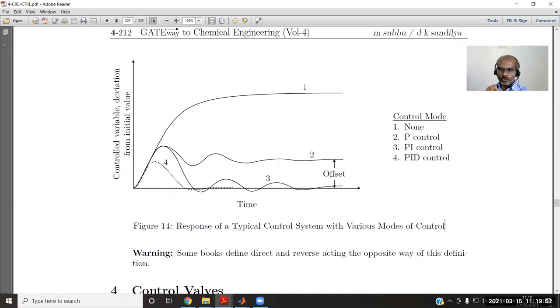Curve one corresponds to the response of the system for changes in the load. And with two, a proportional action, we see there is an offset. The offset is compared with the expectation that it should still remain at the value of 0, in spite of any change.